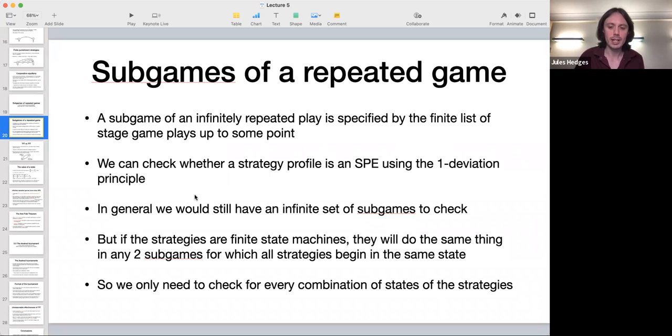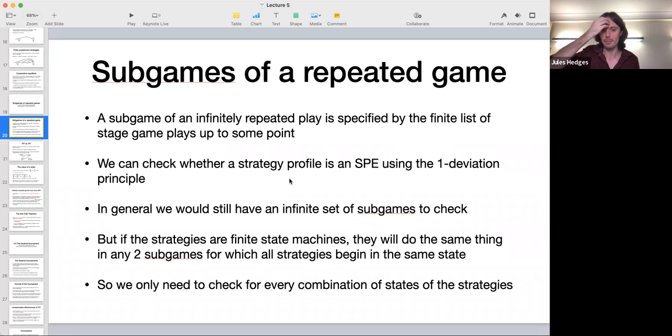So what subgames really are is the same thing as finite lists of moves up until some particular stage. What that means is, if we want to use the one deviation principle to check whether a strategy profile is subgame perfect, we would still have an infinite problem, because we still have an infinite set of subgames, namely all of the possible finite lists.